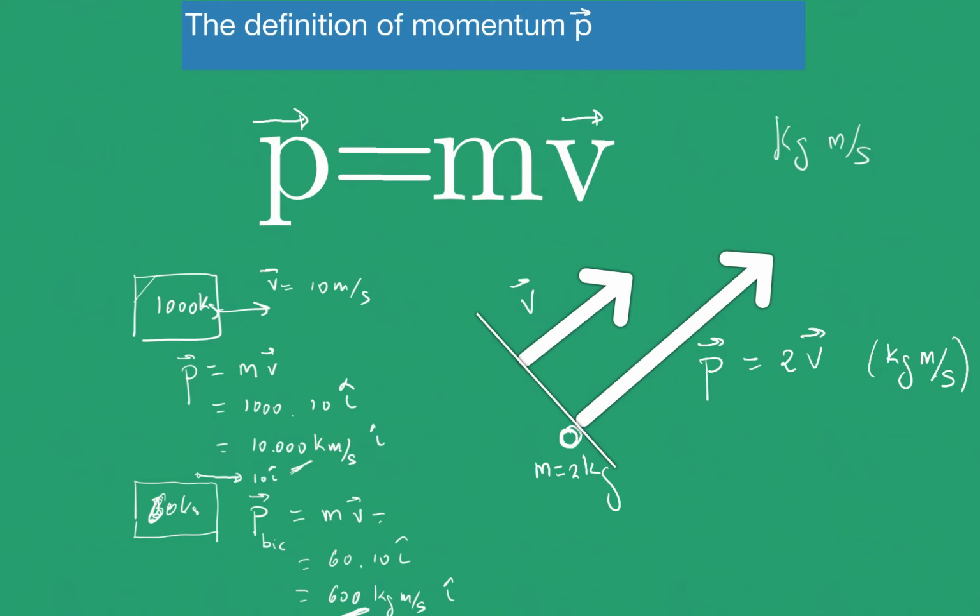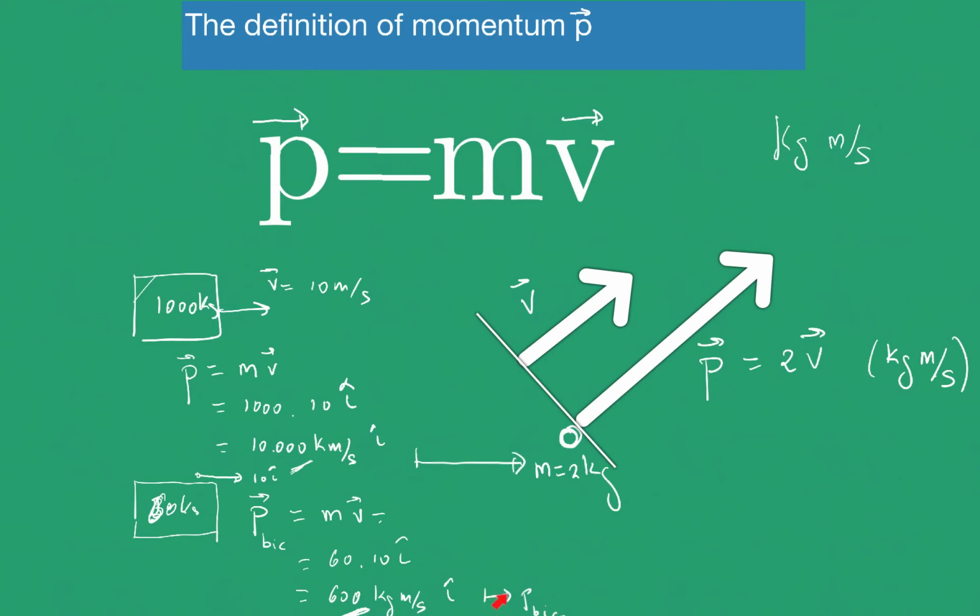In the first case, the momentum is 10,000 in the i direction. It's a big vector. And in the second case, p of the bicycle is a small vector. So these contain more information than only the velocity, because they have the same velocity in both cases, but different momentum.